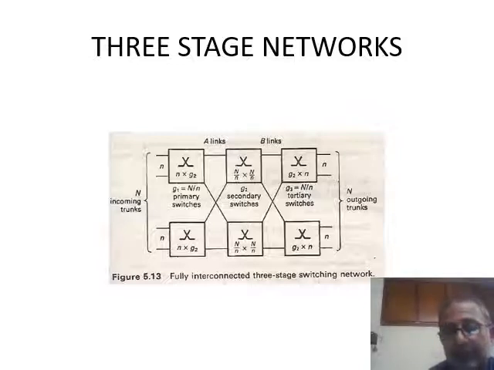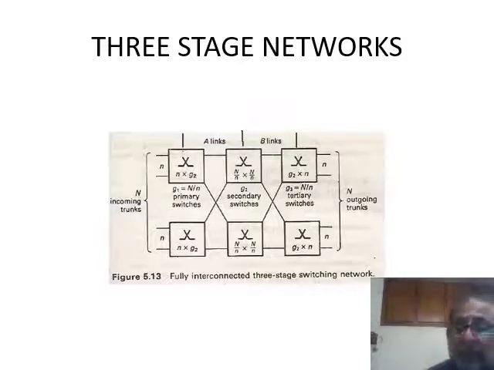If the number of inlets per primary switch is small n, what would be the number of primary switches? It would be capital N divided by small n, and we call it G1, which is the number of primary switches. Similarly, we call this the primary stage. This is the secondary stage, and this would be the tertiary stage.